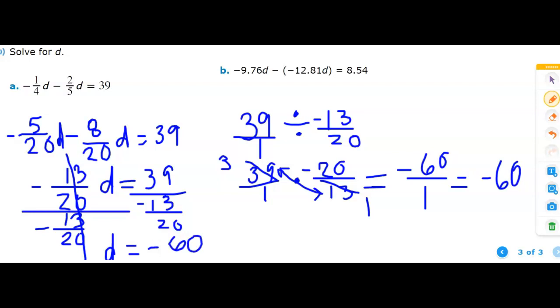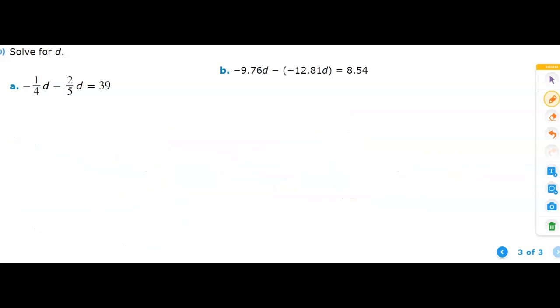Now let's take a look at B. Negative 9 and 76/100 times d minus negative 12 and 81/100 times d equal to 8 and 54/100. In this example question, we have a minus and a negative. When you have a minus and a negative, it turns it into a plus. So now we have negative 9 and 76/100 plus 12 and 81/100.